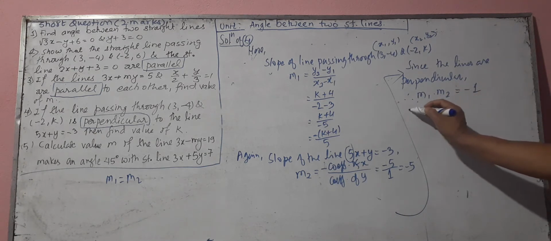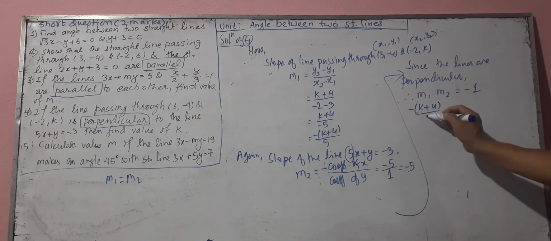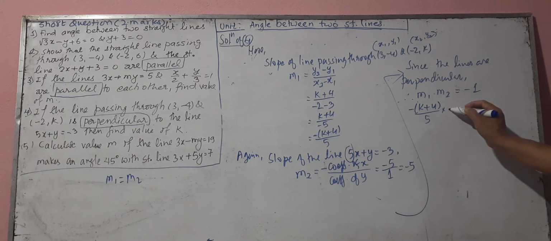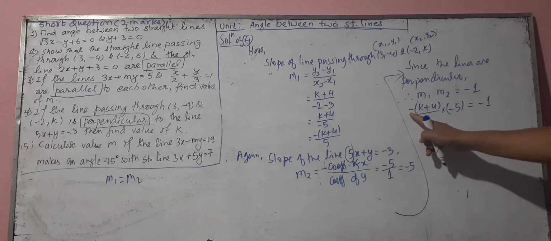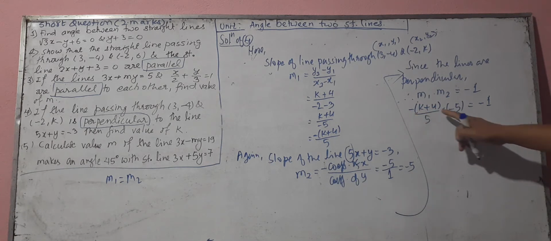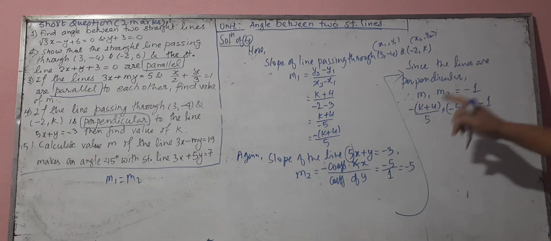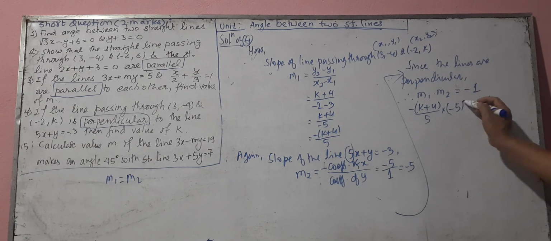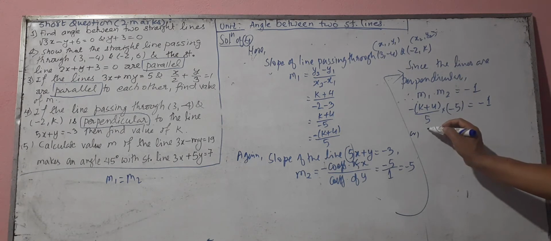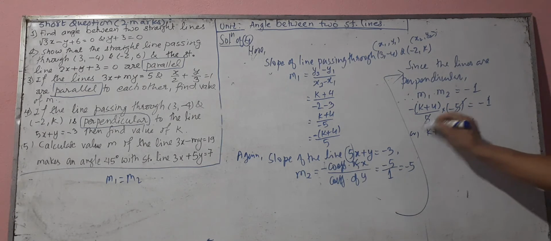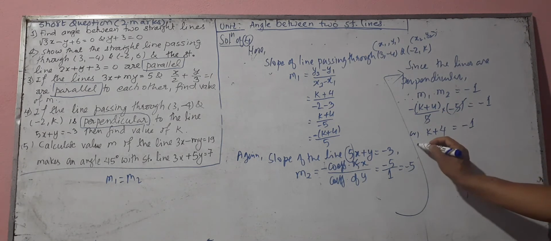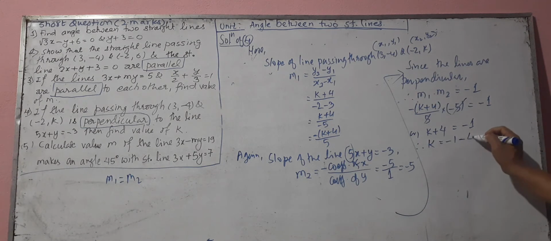The slope 1 is -(k + 4) by 5 and m2 is -5, and this equals -1. Minus times minus is plus, and 5 and 5 cancel out, so we have k + 4 equal to -1. Therefore k equal to -1 - 4, and this equals -5.